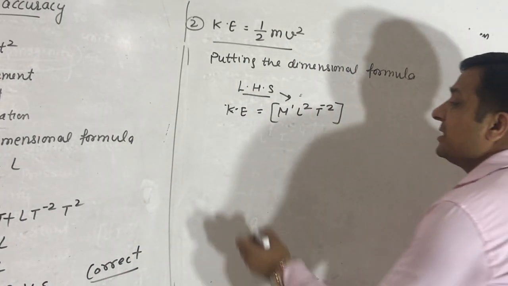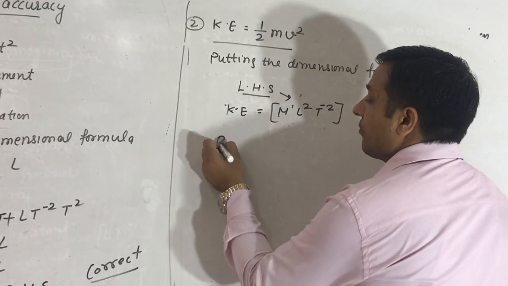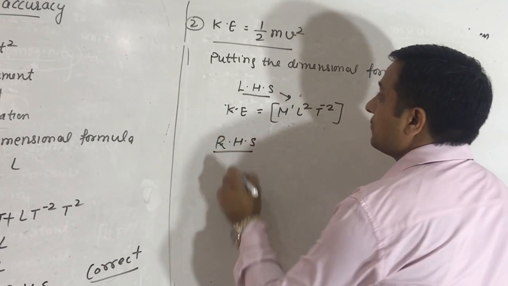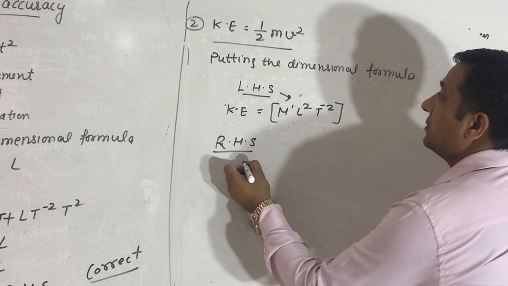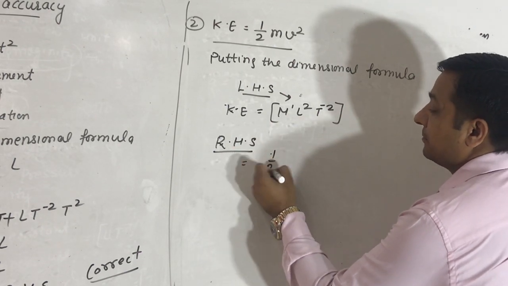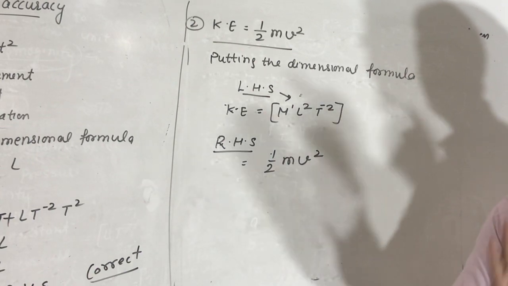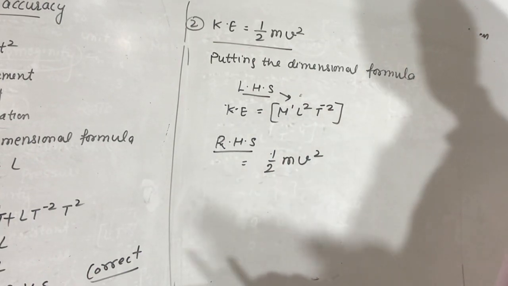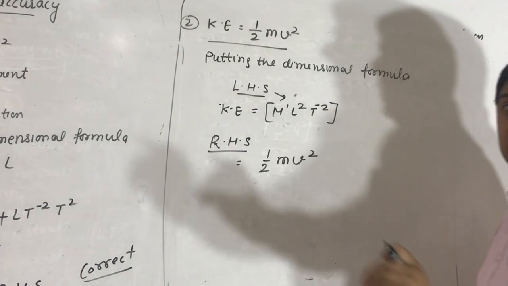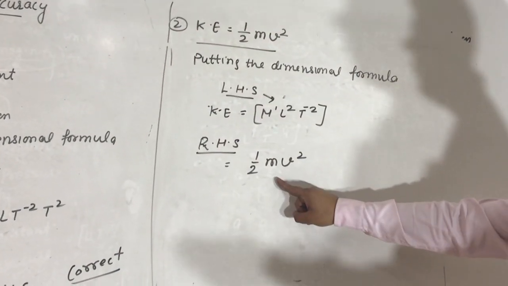Now we will prove the right hand side. Half mv square. For half, no dimensional formula is required because this is a constant, and for a constant quantity no dimensional formula is required.